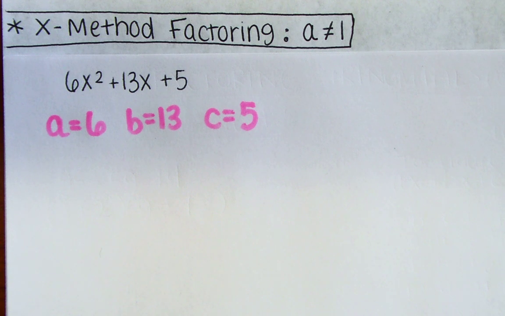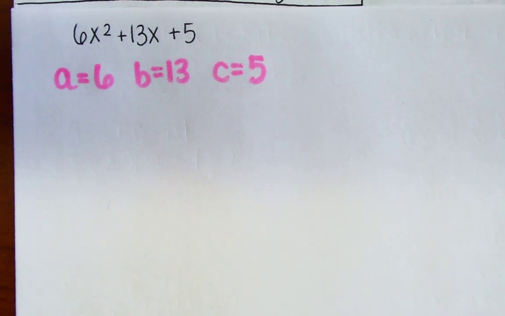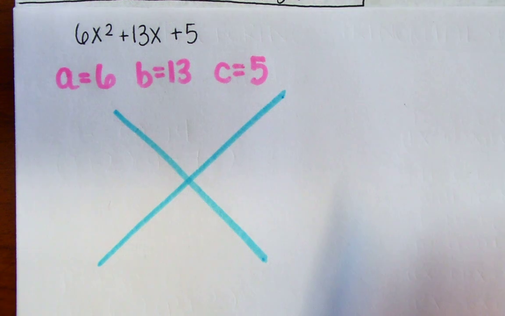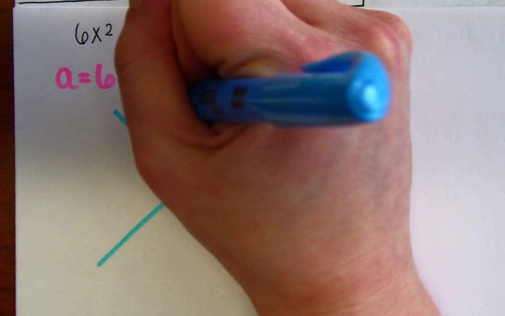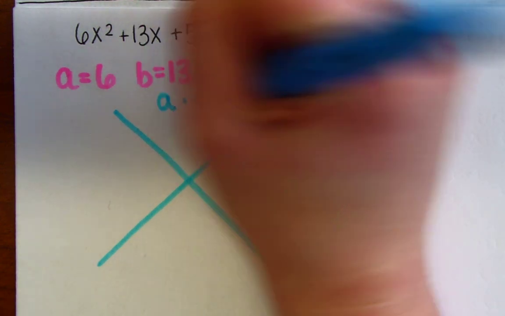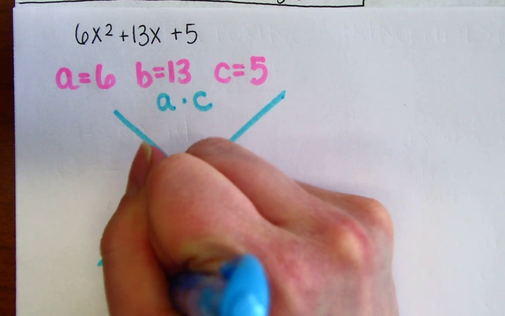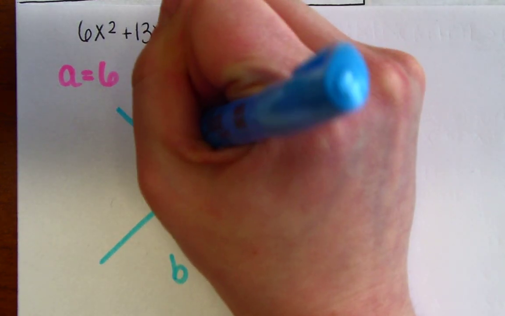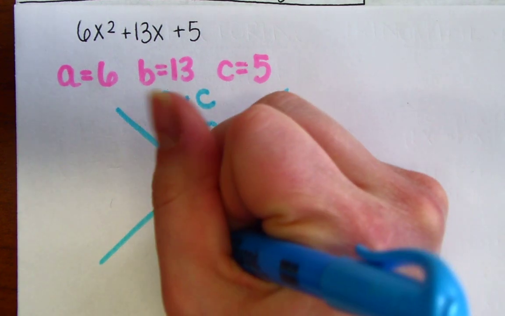All right, so I have my basic ABC written down. Now I'm going to draw an X, which is why we call it the X method. Who would have guessed? In the top, we're going to put A times C, and in the bottom, we're going to write B. So A times C, 6 times 5, is 30. B is 13.